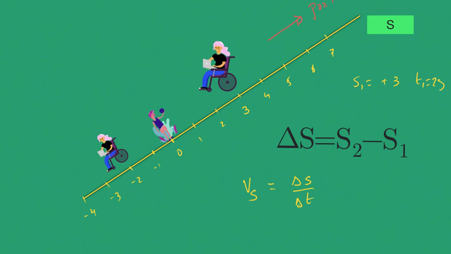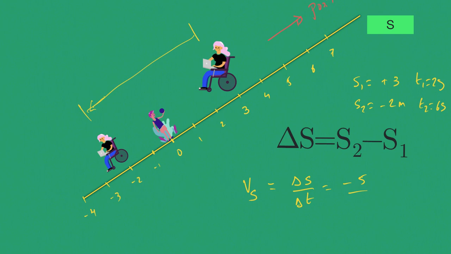And let's say that S2 equal minus 2 meters when t2 is equal to 6 seconds. So what is the velocity in the S direction? It is delta S divided by delta t. Delta S is from here to here, 5, and in the negative direction it is minus 5, divided by delta t.